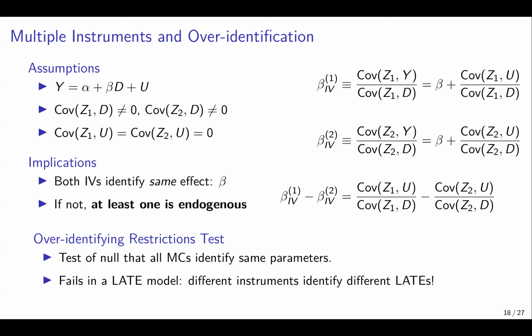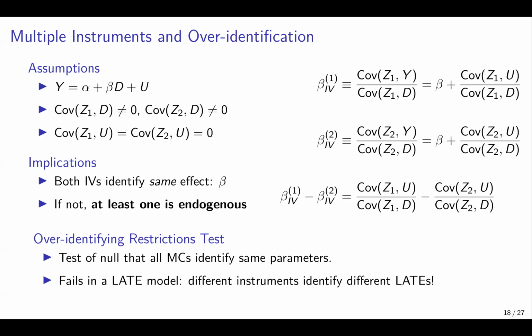Well, the betas cancel out because the causal effect is the same regardless of which instrument we use in this simple textbook linear homogeneous coefficients model. It's the same beta no matter which instrument you use. The betas cancel out, and we get a difference of covariance of Z1 with U divided by covariance of Z1 with D, minus the covariance of Z2 with U divided by the covariance of Z2 with D.